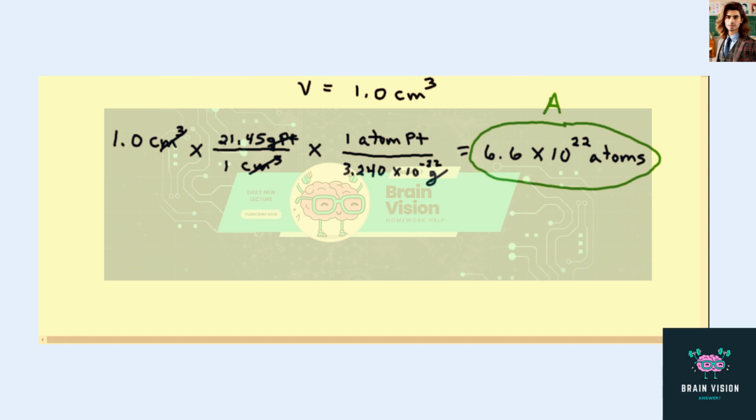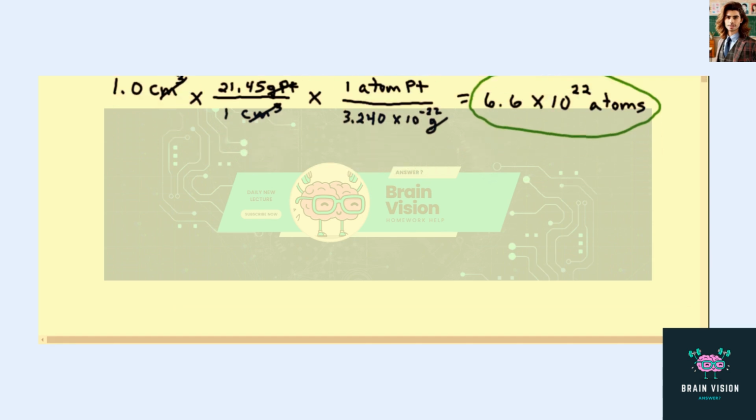In part B, we want to know the radius. And atoms are, of course, spheres, so we can use the equation that tells us the volume of a sphere. But before that, we need to know the volume occupied by a single atom. In other words, I am trying to find the volume of one atom.